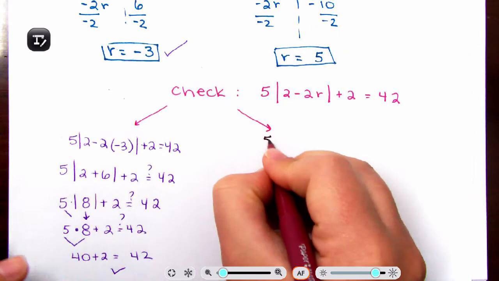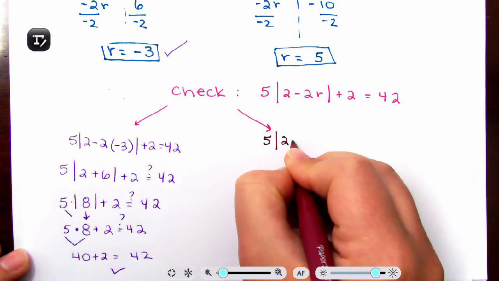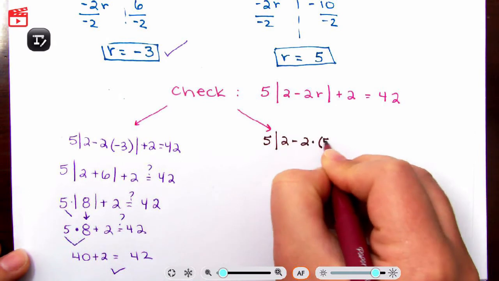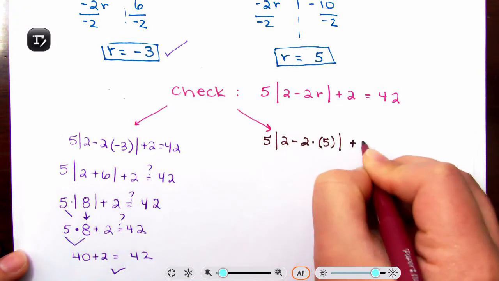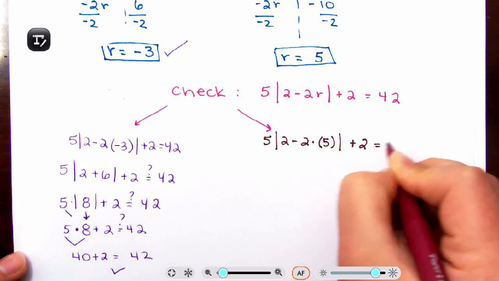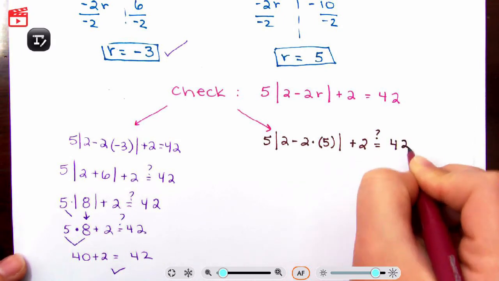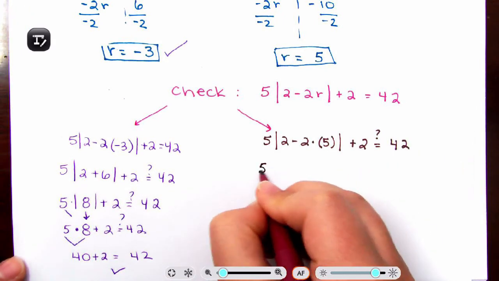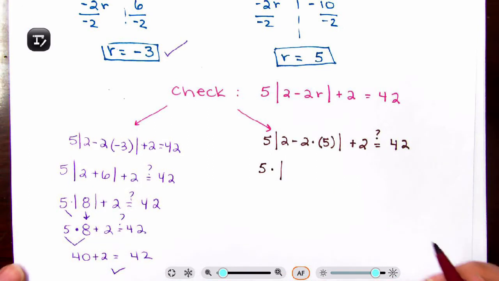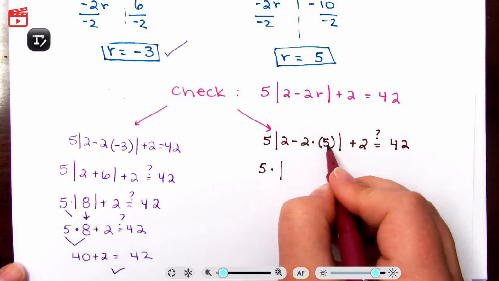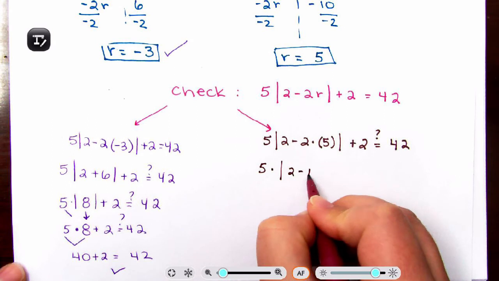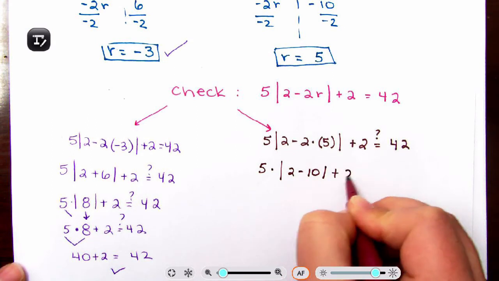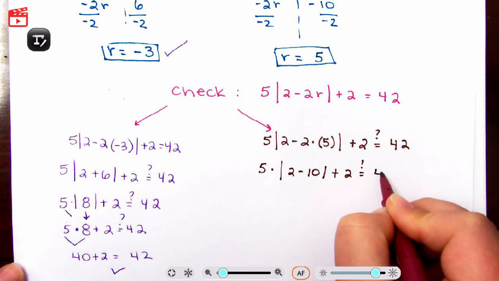Now we're plugging in a positive 5, so 2 minus 2 times a positive 5 in absolute value, and then outside is the plus 2, perhaps is equal to 42. We will check. Parentheses come first, which is our absolute value. So we have 2 times 5 is 10. 2 minus 10 is what we have inside our absolute value.